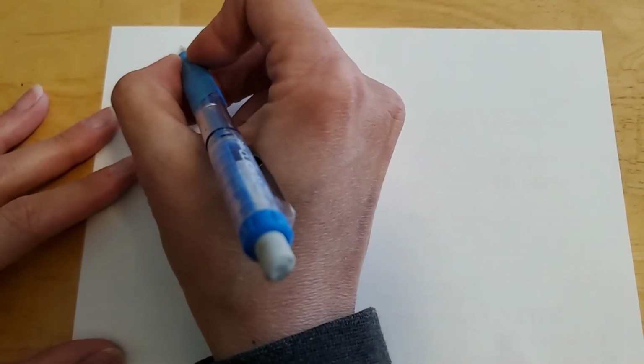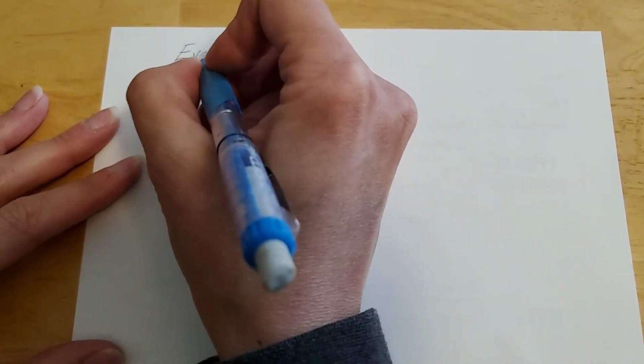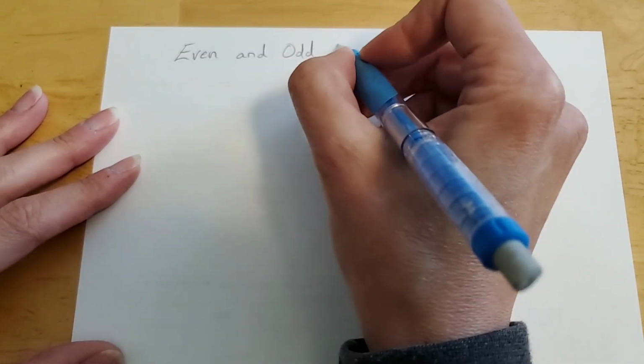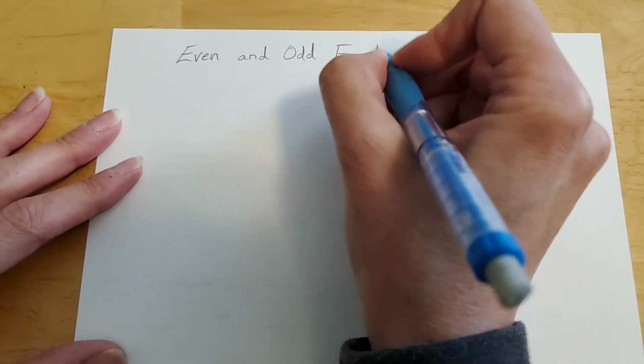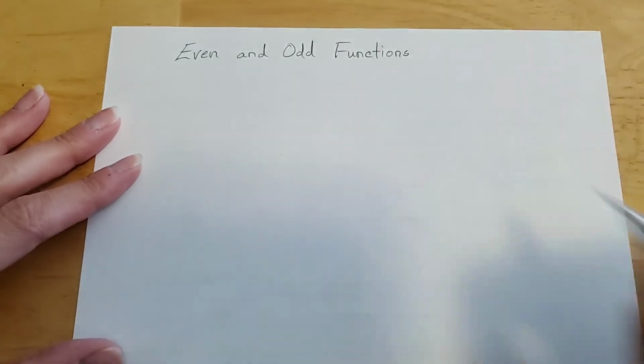But one of the things that we need to talk about are even and odd functions. We're going to do just a quick little recap. We have talked about this.